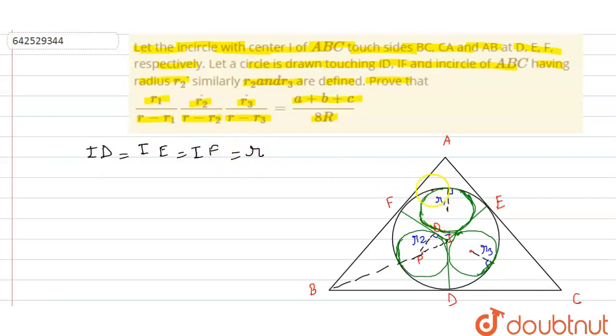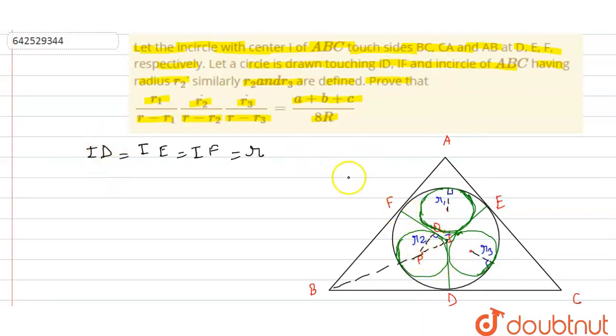There are three more circles. Let a circle be drawn touching ID, IF and the incircle. So this is IF, this is ID and this is the incircle. This circle is touching all three of these things, as mentioned in the question. Similarly for R1 and R3 as well. The radius of this one is R2.